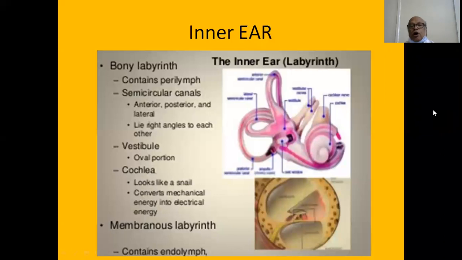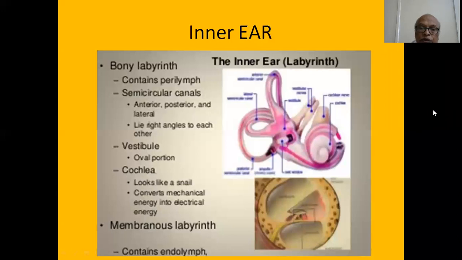And how does the membranous cochlea look when you cut across? You can see the 3 chambers: scala vestibuli, scala media, and scala tympani.